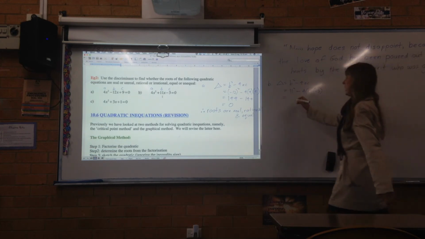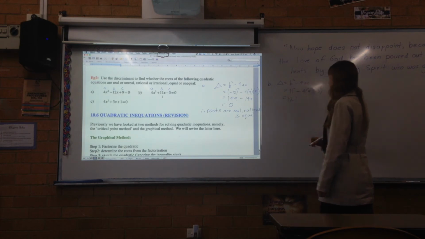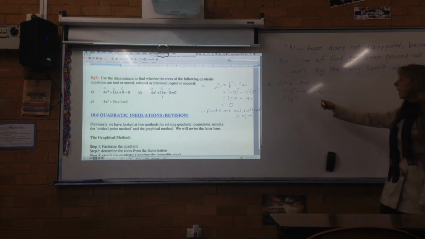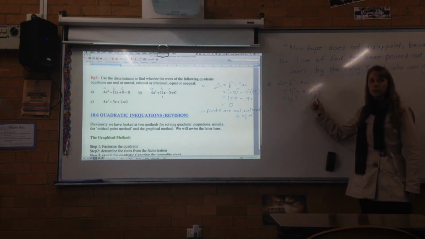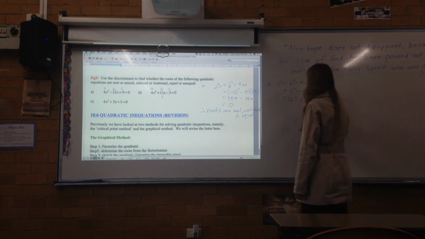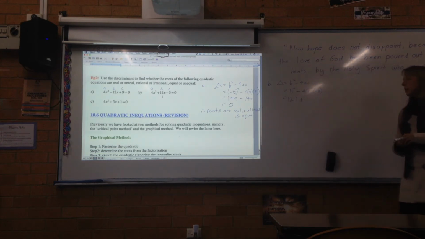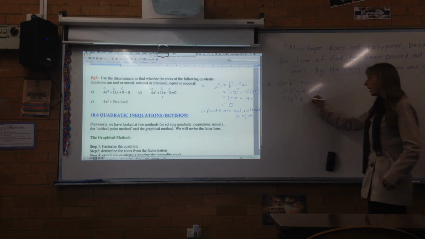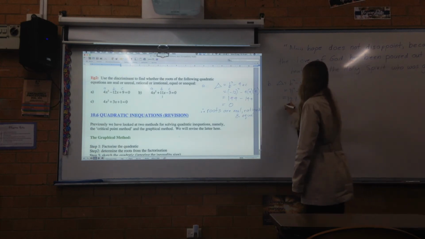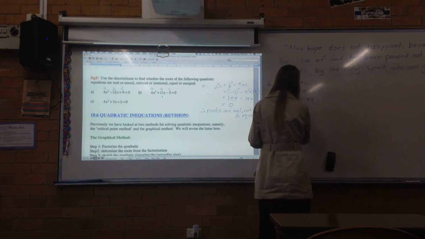Well, 11 squared is 121. Notice this, we have two negative signs, so this is going to be a plus. 12 times 4 is 48. So we have 169.